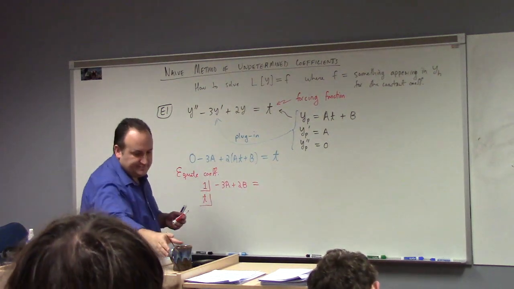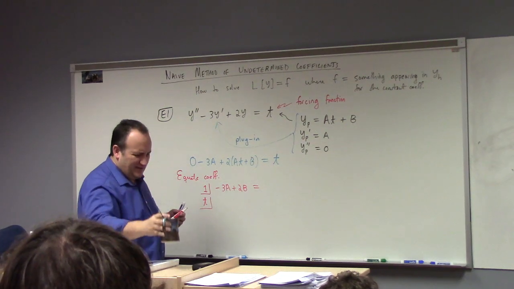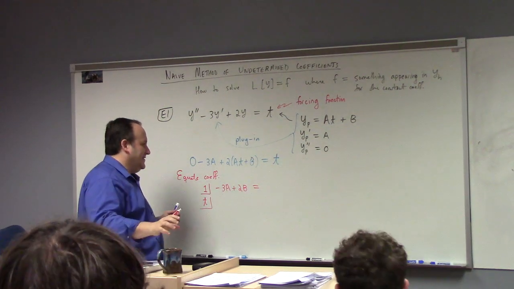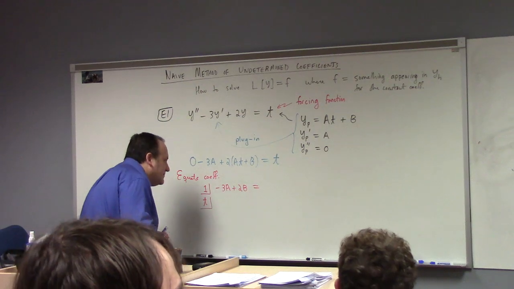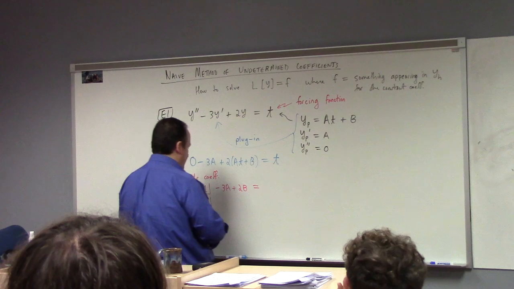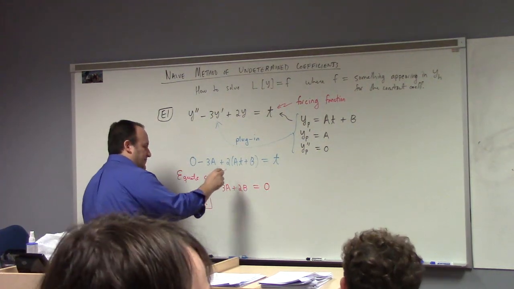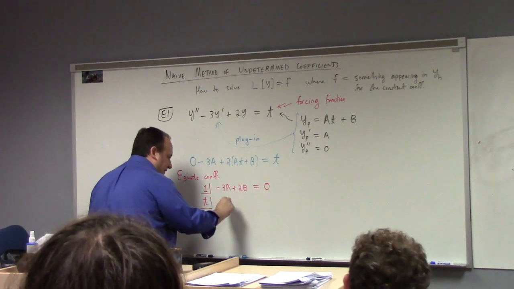I'm waiting. t is not constant. There's no 1 over there. What are you guys seeing? I don't see a 1 there. Is there a 1 here? 0, yes. All right.